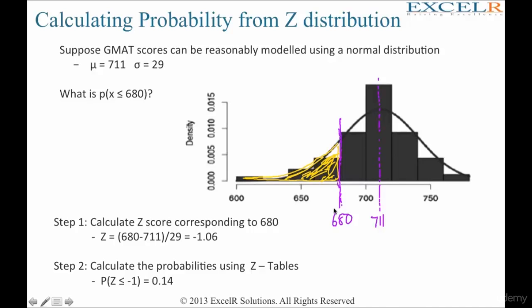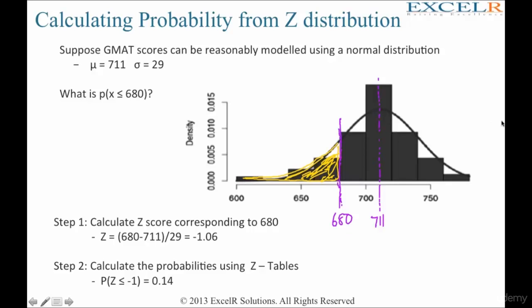What am I saying? Whatever be the random variable, it can be GMAT score, it can be work experience, it can be any other value absolutely. If you can standardize the value, you can use a standard table to calculate the probability.